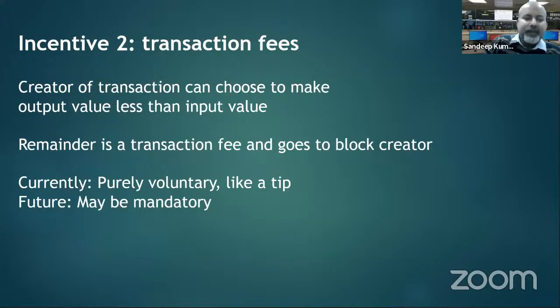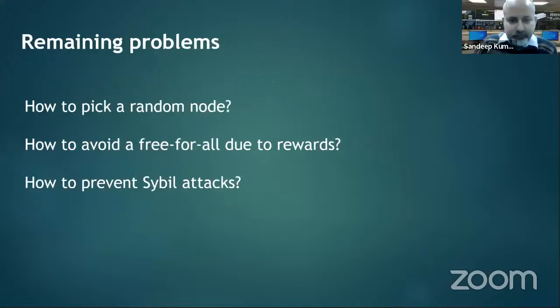Right now it is purely voluntary, like a tip, but in the future it may be mandatory. Although it's voluntary, if you don't give any transaction fee, no node may pick up your transaction for putting it into a block. And therefore your transaction may never become permanent. So therefore you have to start paying fees now.